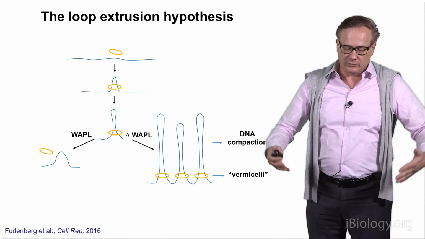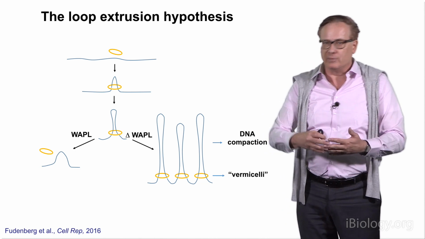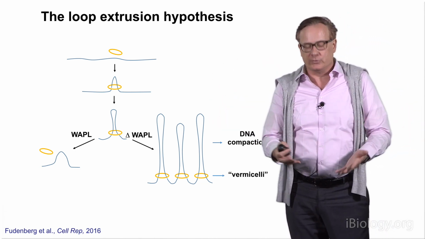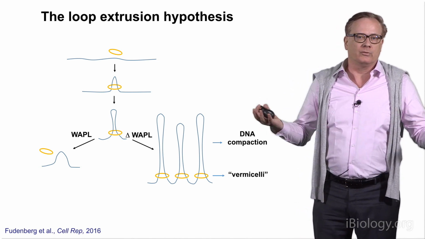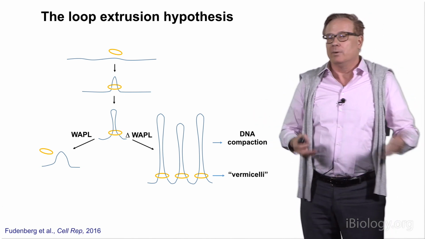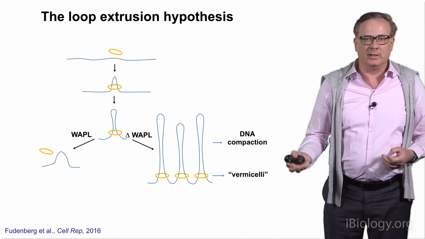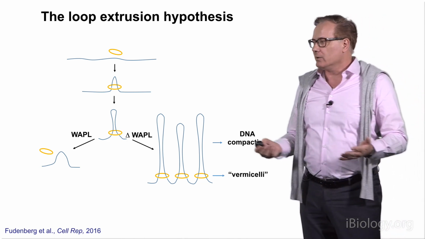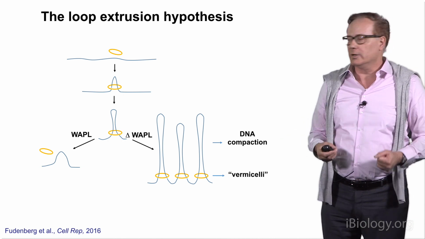And so if cohesin was forming a loop by extrusion, the lifetime of such a loop, and therefore also its length, would be limited, because every couple of minutes or so, WAPL would release the cohesin complex again, and the loop would fall apart. But if WAPL was now depleted, cohesin could no longer be released. It would have a long residence time, and it could now form very long loops, longer than usually.